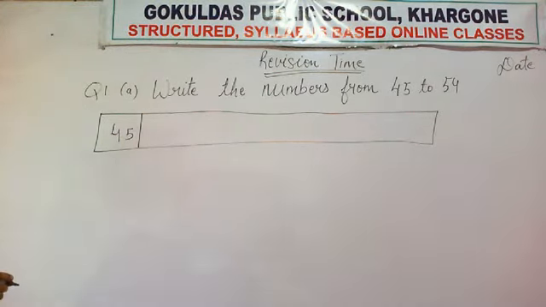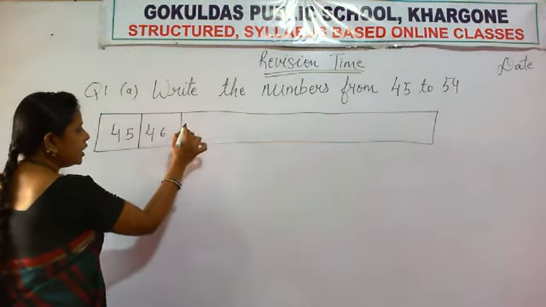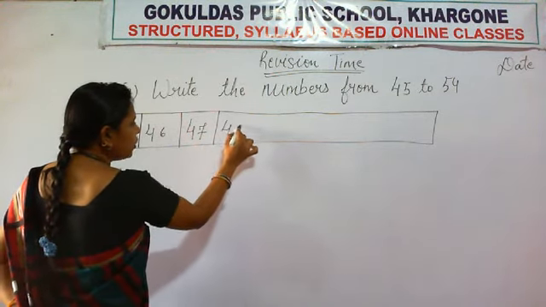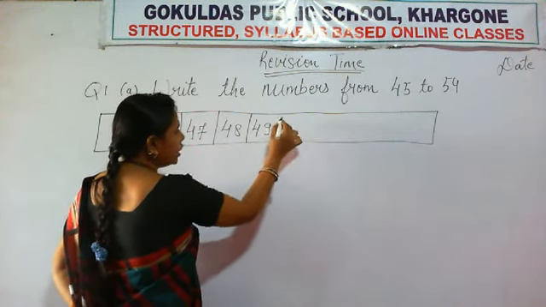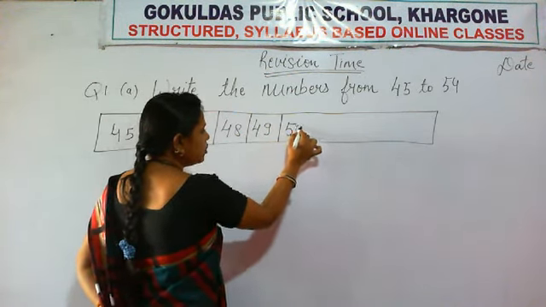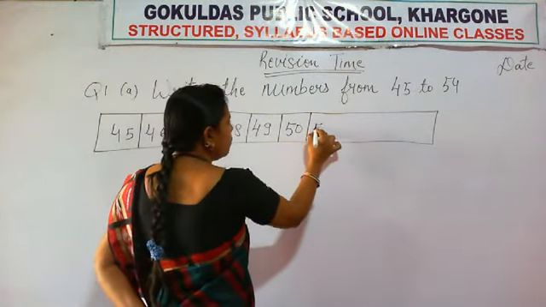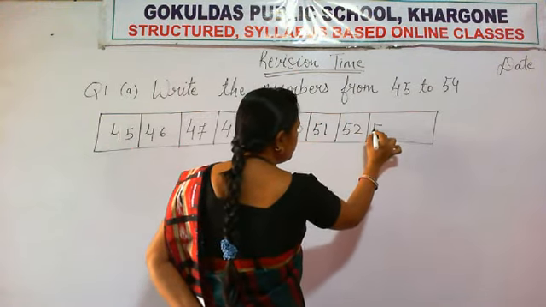Now after 45, which number will come? 46, then 47, then 48, then 49, then 50. After that 51, then 52.